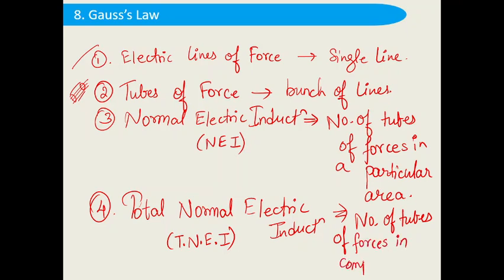Okay. So in complete area, if I consider, then that will be called as total normal electric induction. But we are studying what? Gauss law. So what Gauss law means? Gauss law indicates total normal electric induction. It gives you the formula to calculate total normal electric induction. Okay. So let us understand what is Gauss law.